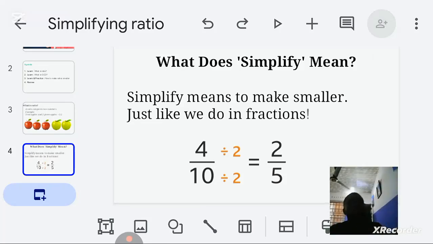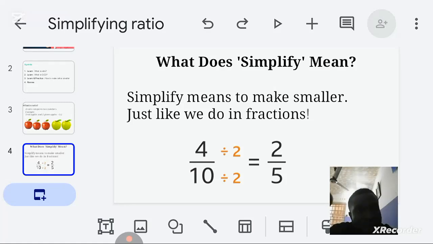Now, how to simplify ratios. First of all, what does it mean to simplify? In English, to simplify means to make something smaller but the same, just like we do when we want to make fractions smaller. For example, look at the fraction on the slide.